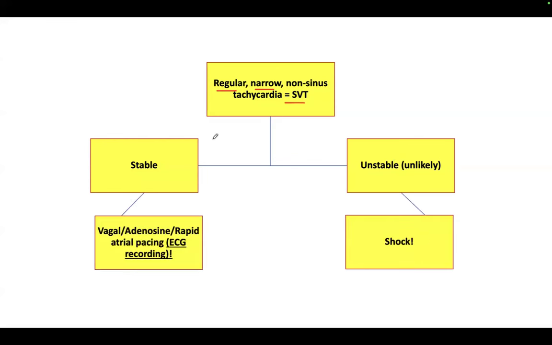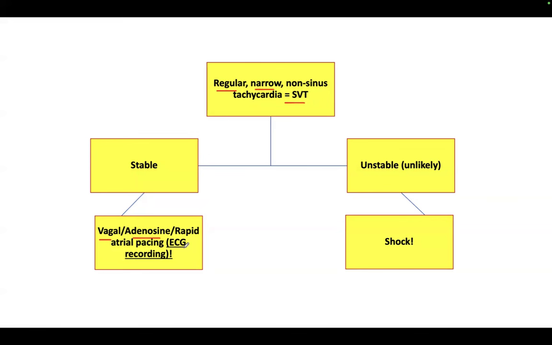If it's stable, you want to treat the SVT with vagal maneuvers, or adenosine, or, if you have a patient with atrial pacing ability, for example a post-operative patient or a patient with a pacemaker, or you can insert a transesophageal lead that can capture or pace the left atrium, you can try rapid atrial pacing to terminate the tachycardia.